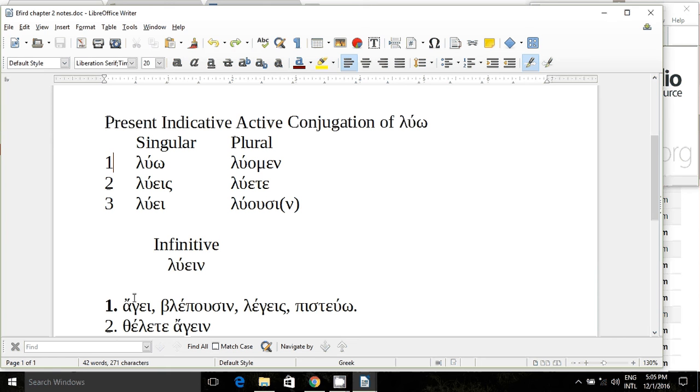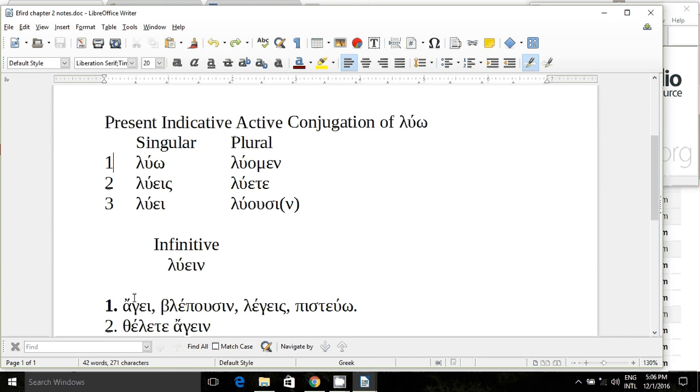Ago is I lead. Akouo, I hear, like acoustics. Blepo is I see. Ginosko is I know. Heurisko is I find. Echo is I have or I hold. Thelo is I wish, I desire.